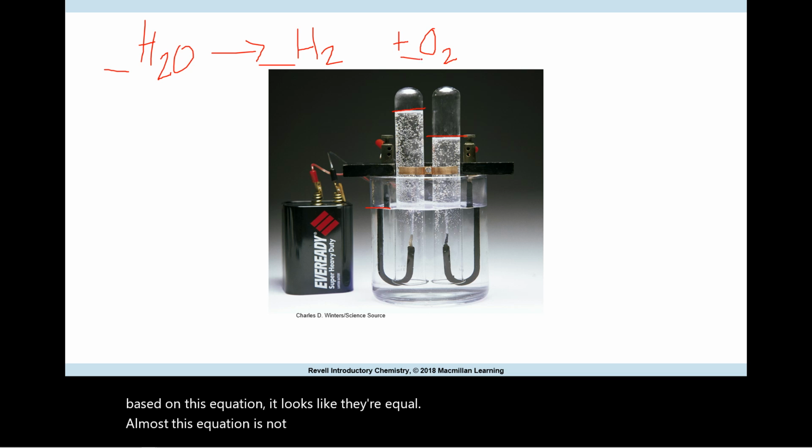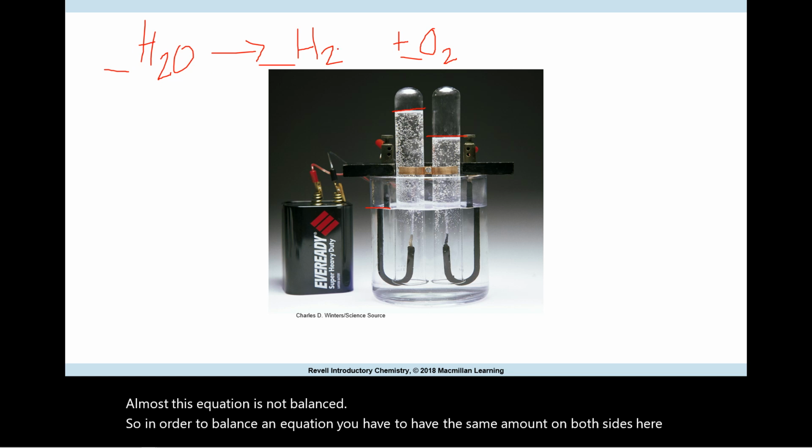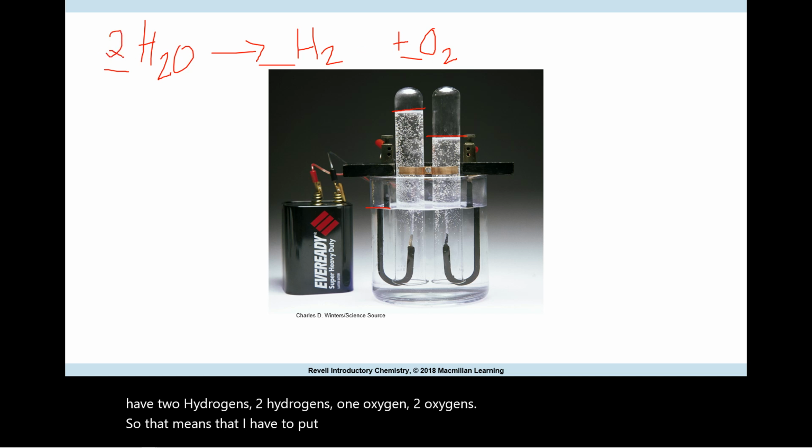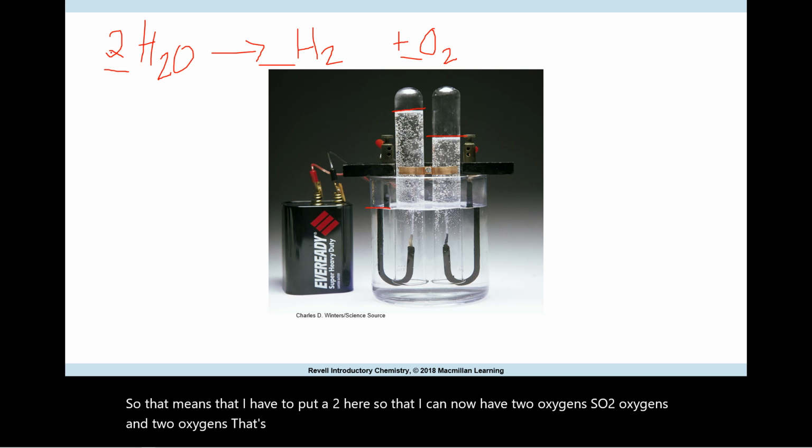Okay? So in order to balance an equation, you have to have the same amount on both sides. Here I have two hydrogens, one oxygen, two oxygens. So that means that I have to put a number 2 here so that I can now have two oxygens. So two oxygens and two oxygens. That's good. My water, I have 2 times 2, which is 4. Here I only have 2.